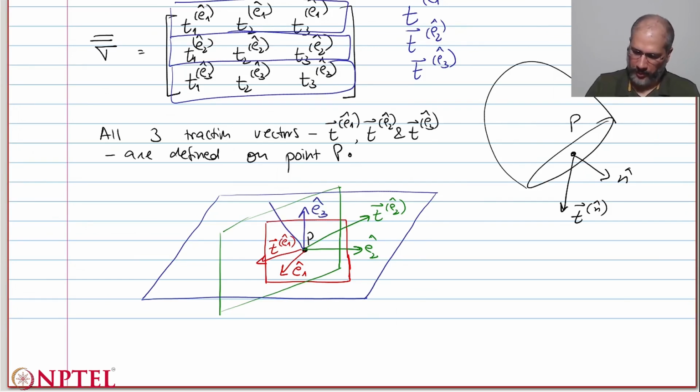So this is the normal, and the traction vector would look something like this. So I hope you can imagine the three mutually perpendicular planes here drawn in red, green and blue colors with the corresponding unit normals along E1 hat, E2 hat and E3 hat, because these are coordinate cutting planes, and the traction vectors could be in any arbitrary direction, not necessarily along the normal directions.